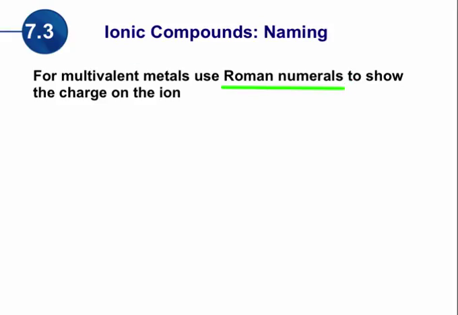So we have something like Cu plus and O2 minus. Remember, that is copper with a charge of +1 with oxygen. So we would write this name as copper 1 with the Roman numeral and oxide.